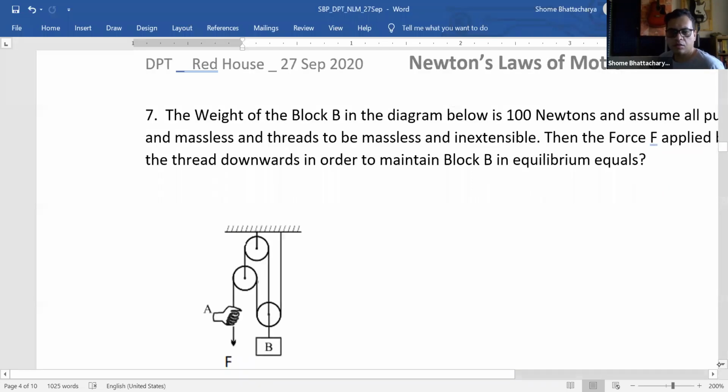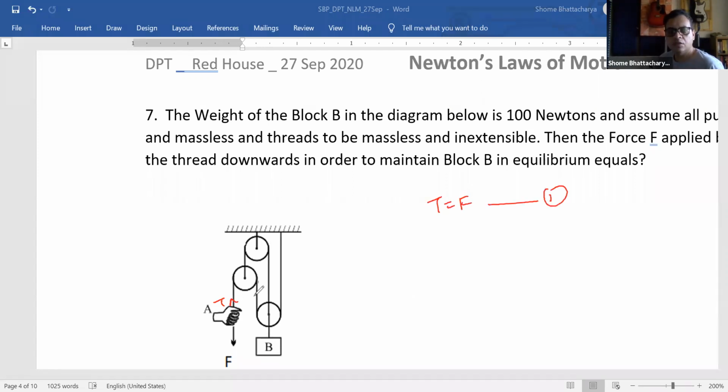So see, in the seventh question, what is happening is that if your hand is pulling down the string with a force F, then this string will develop a tension equal to F. That's your first equation. So you can see that tension is acting like this, like this, like this.